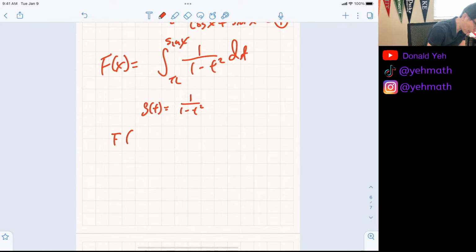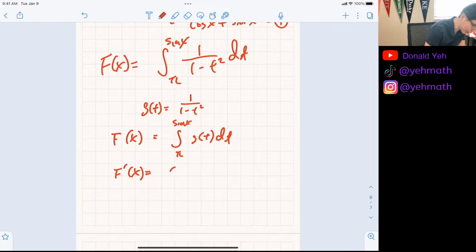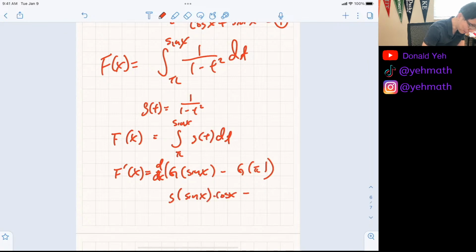All right, so I will get probably the integration of g of t dt here, between pi and sine of x. And now I'm going to take a derivative on both sides of f prime of x. That's going to be big G of sine of x minus big G of pi. And I'm going to take a derivative of this. So it'd be g of sine of x times cosine of x minus g of pi times 0.